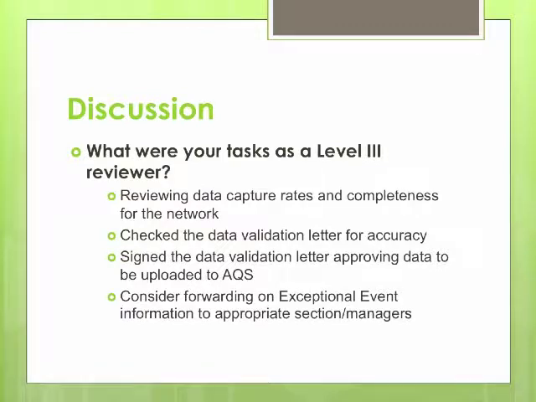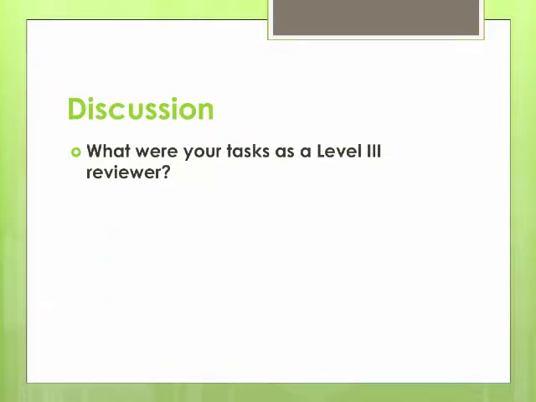Right. Okay. So what were your tasks as a third level reviewer? What did you do? Find out the truth. What does that mean? So you're validating whether or not level 1 and level 2 have completed their checks. Correct? What else?